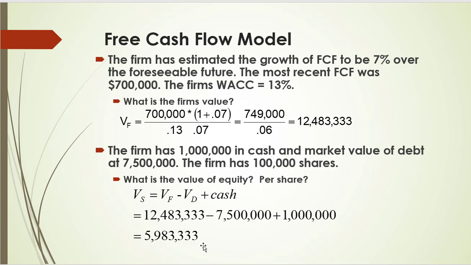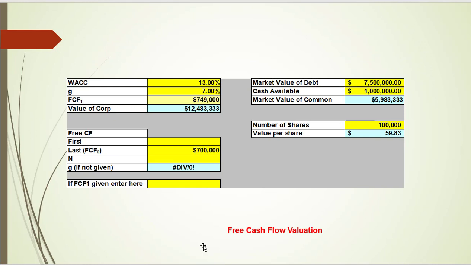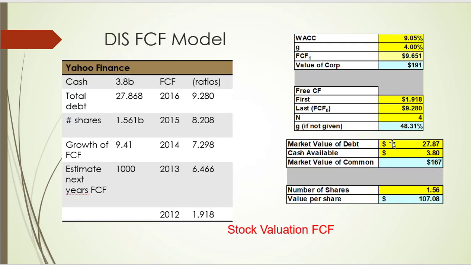Divide that by the 100,000 shares, and that will give us an estimate of the value of the stock. So here we plug that into what's referred to as the free cash flow valuation model for stocks. We divide by 100,000, and this stock is roughly worth $59.83.